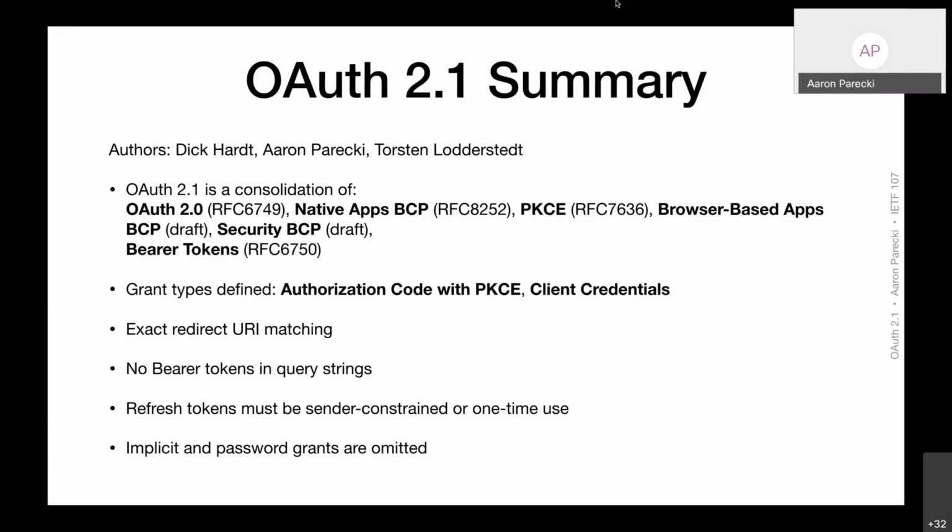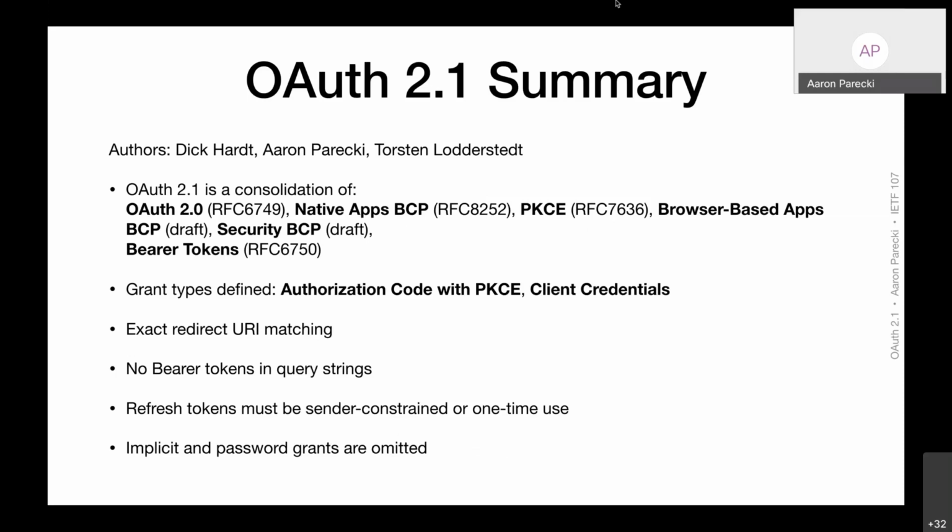So, the idea with OAuth 2.1 is that it is a consolidation of all of the current core specs around OAuth 2. OAuth 2 is split up into a whole bunch of different documents based on the progress that's been made since it was published originally in 2012, including the native apps best current practice, as well as the addition of PKCE.